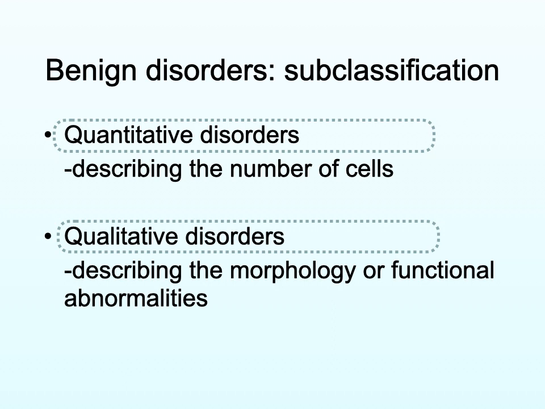Quantitative disorders describe the number of cells, while qualitative disorders describe morphological or functional abnormalities. So in qualitative disorders, we look at the changes in size and shape and also function of the cells. So we start with quantitative disorders.